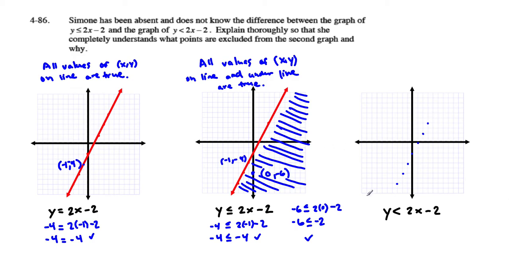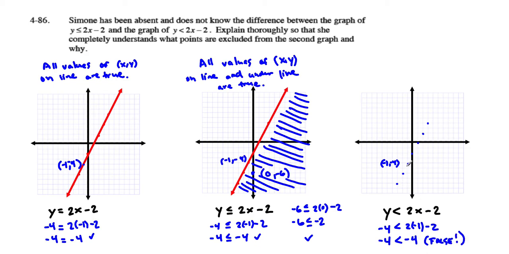However, this time, if we take that same point, negative 1, negative 4, and plug it in here, we're going to see that negative 4 is less than 2 times negative 1 minus 2. Well, this would be negative 4 is less than negative 4, which is false.